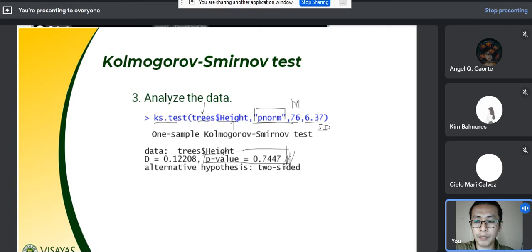So given this p-value, class, what will be your decision? Are you going to accept your null hypothesis or reject your null hypothesis? Yes, are you going to accept or reject your null hypothesis for this example? Angel?